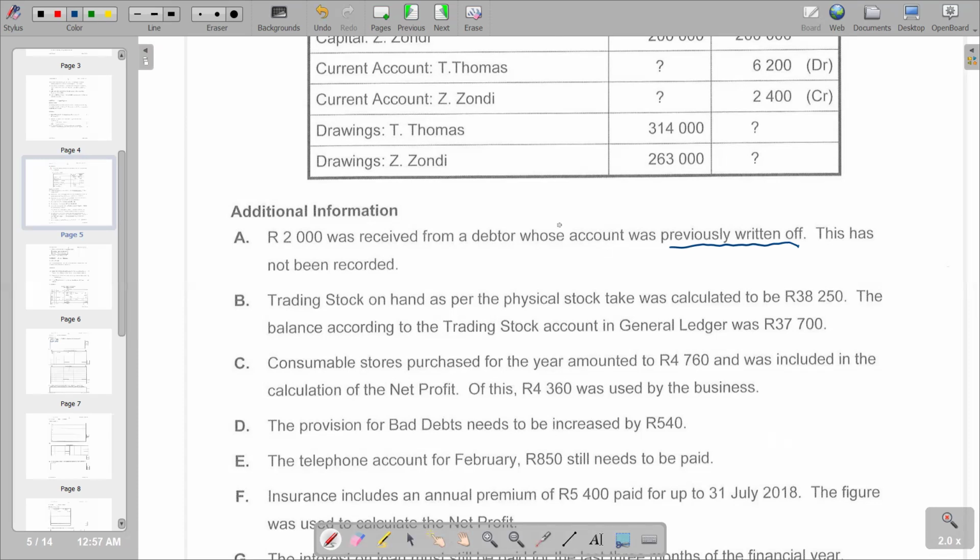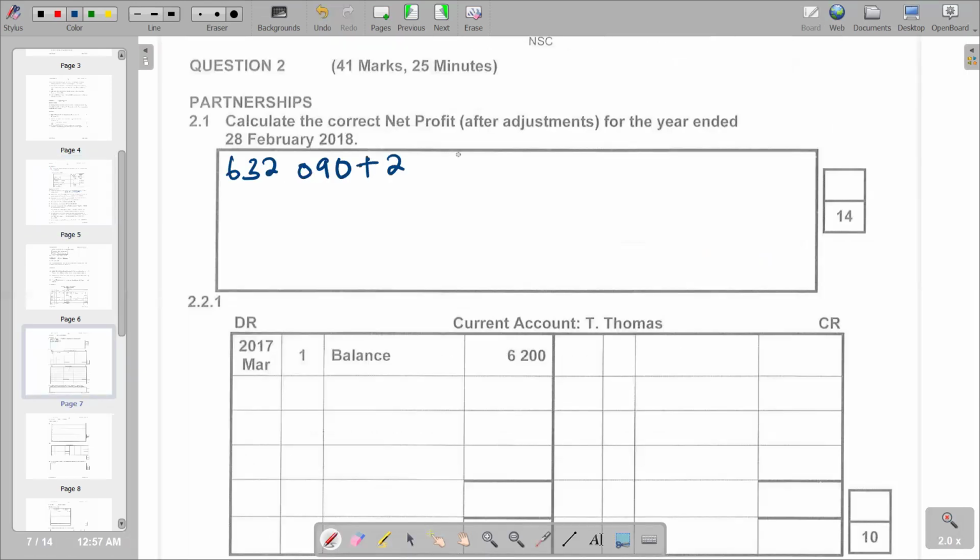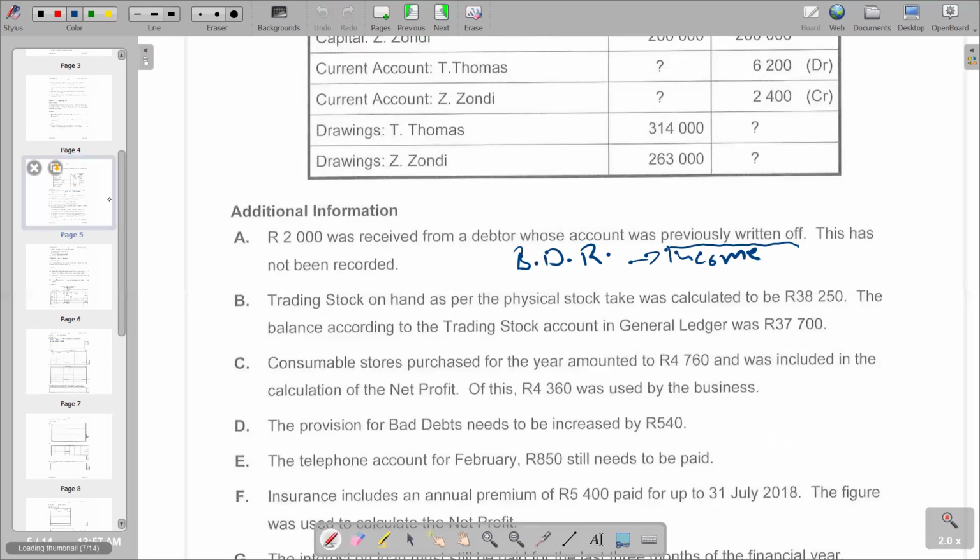So when the debtor comes back and pays the amount that was previously written off, it becomes bad debts recovered, and bad debts recovered is income. And when it's income, it increases the net profit, so we are supposed to add it to our net profit balance. So we say plus 2,000. Then move on to the next part.